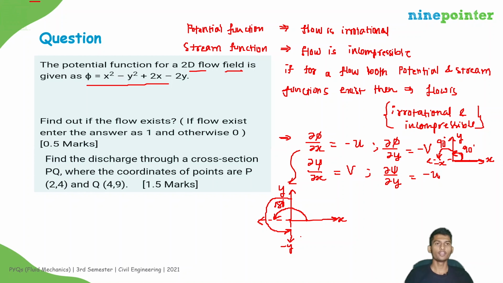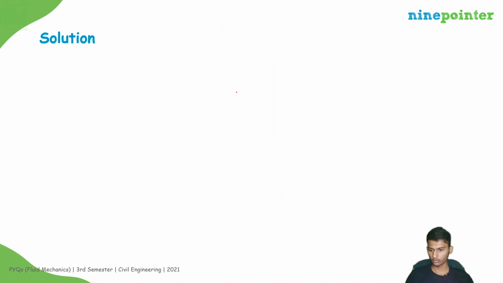First we need to find whether the flow exists or not. For a flow to exist, del dot v bar should be equal to 0. This is the continuity equation for incompressible fluid.